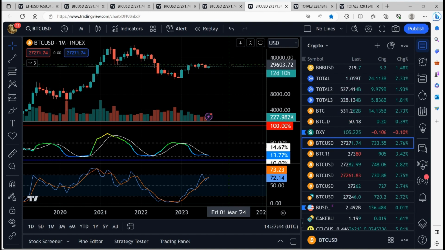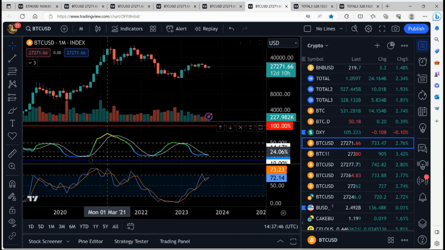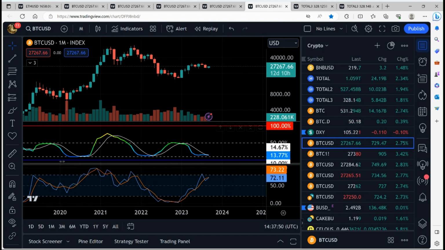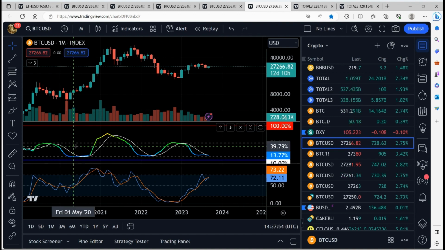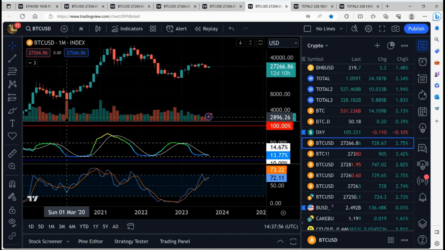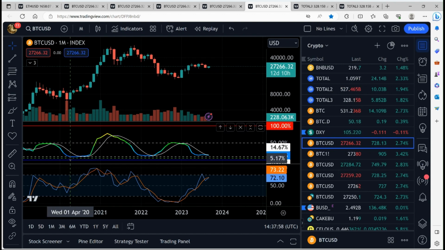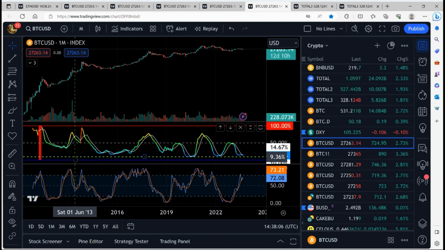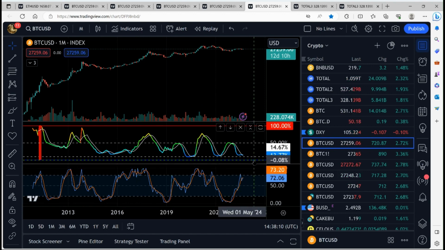And as well the monthly here, which is okay. Now the monthly, only back here in 2020. Well, that was again with COVID. That doesn't make any sense because that was a sharp move downwards. Anyway, did we get below 10% in the history of Bitcoin? The monthly rarely gets that low, and we are at extreme lows on the monthly.